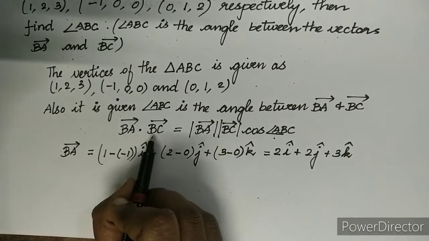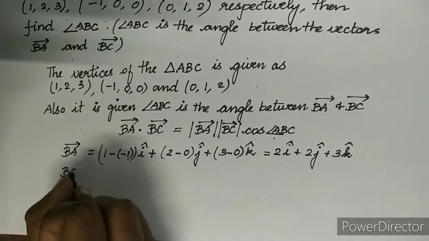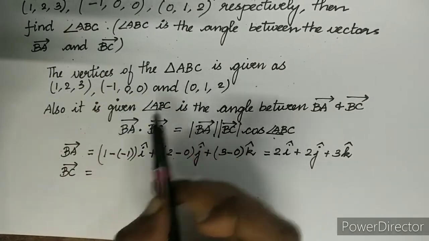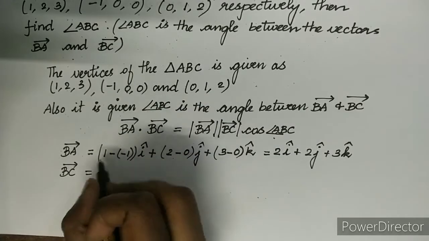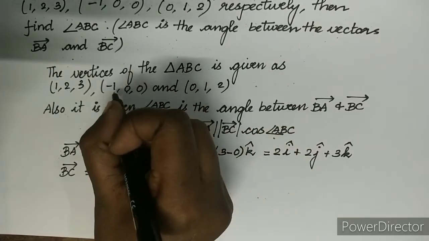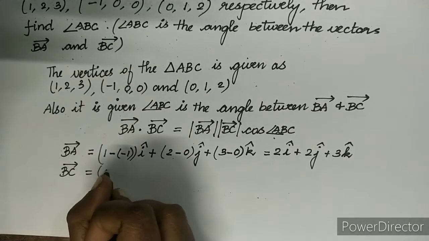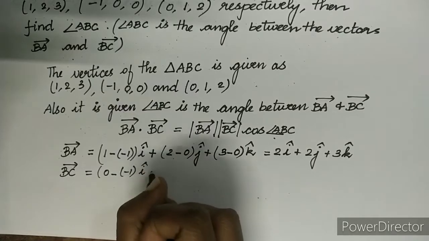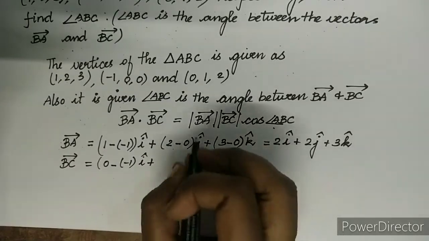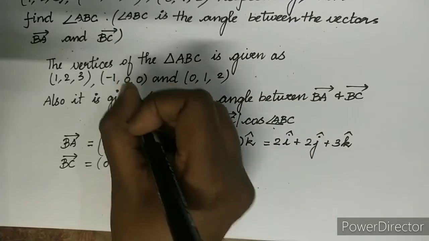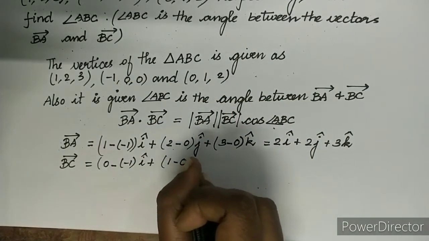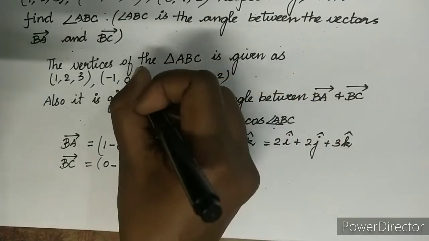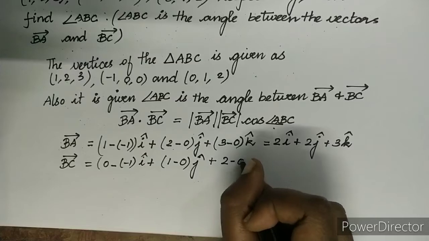Similarly, we will find BC vector. BC vector is equal to, here B is the initial point and our C is the terminal point. So 0 minus minus 1 i cap plus 1 minus 0 j cap plus 2 minus 0 k cap.